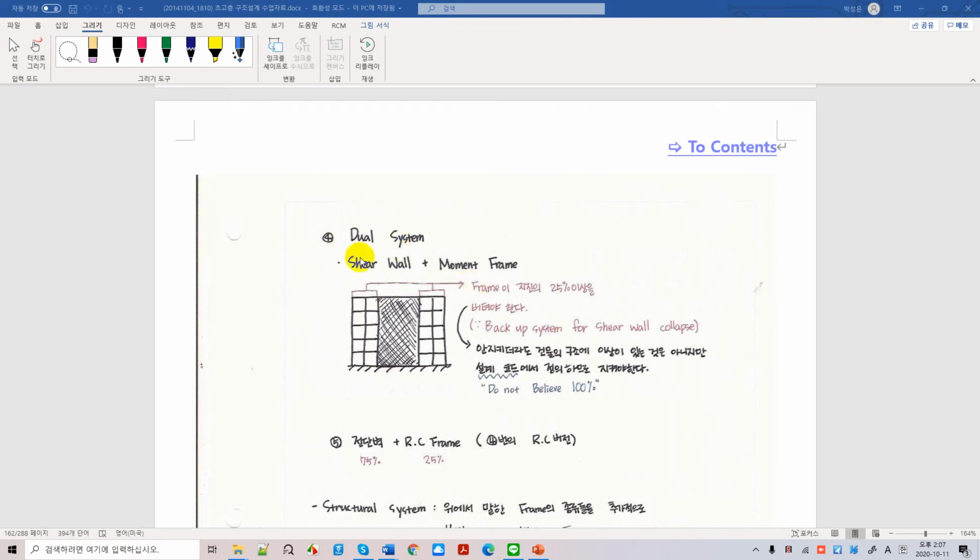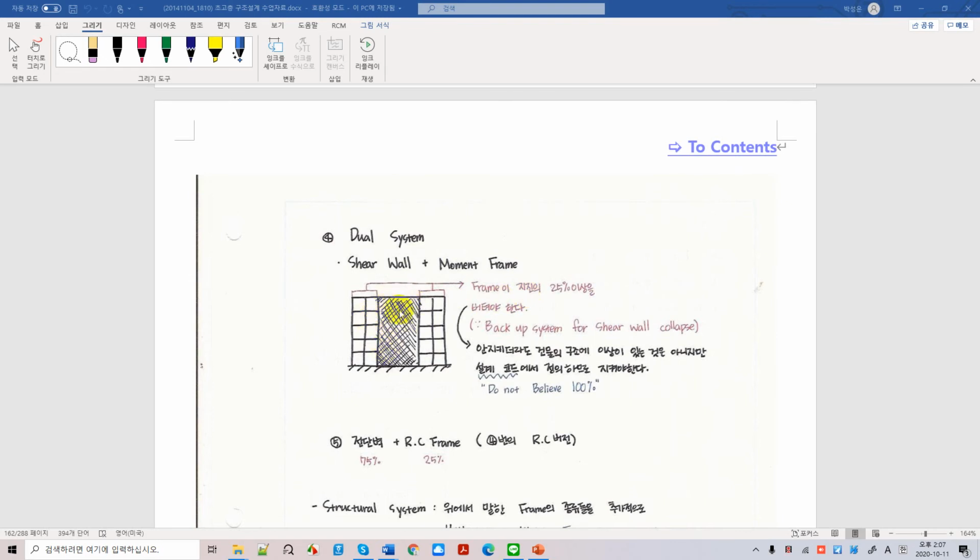In this case, the moment frame should be able to resist 25% of seismic load, shear forces caused by the earthquake, and this is very important. And the 75% is to be resisted by the shear walls.